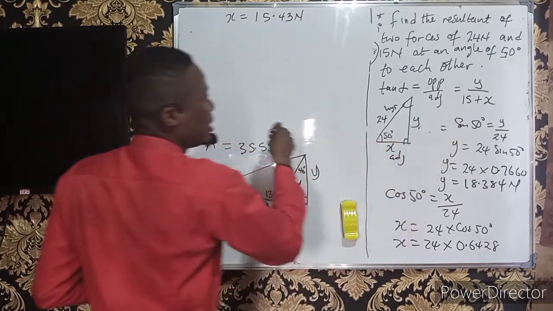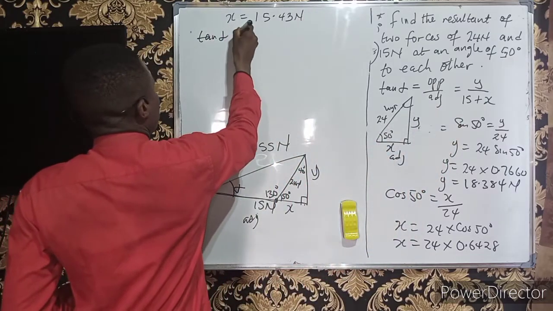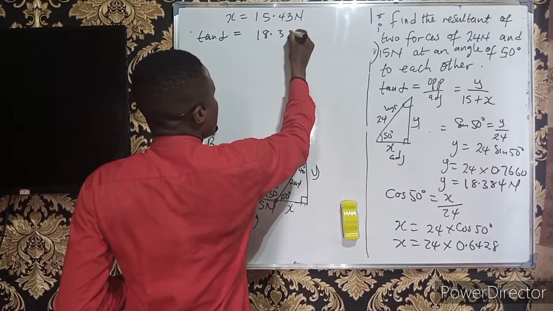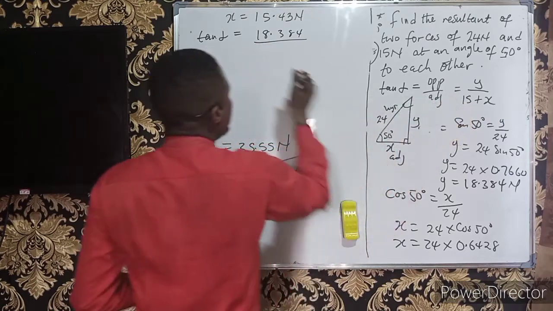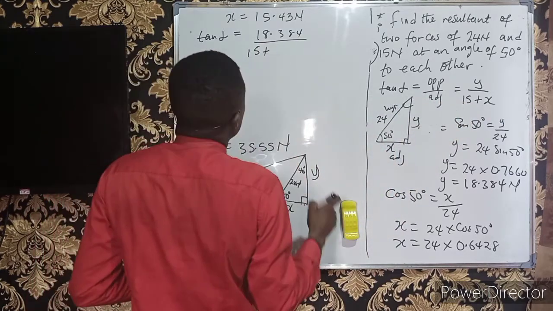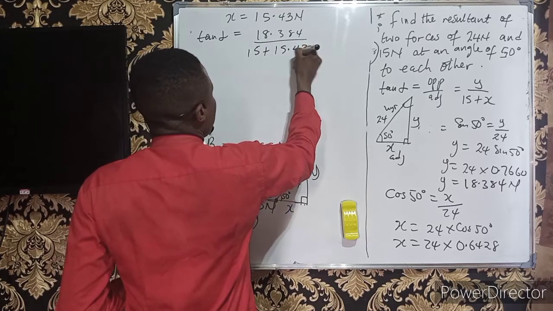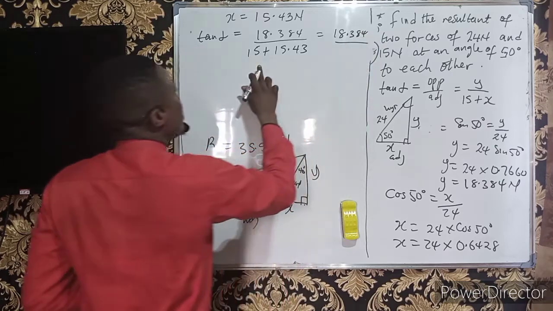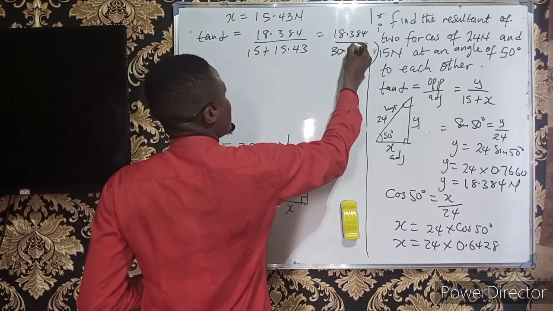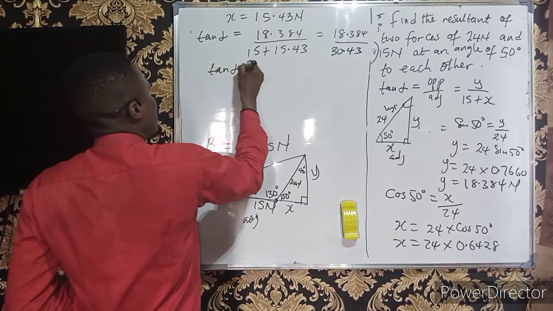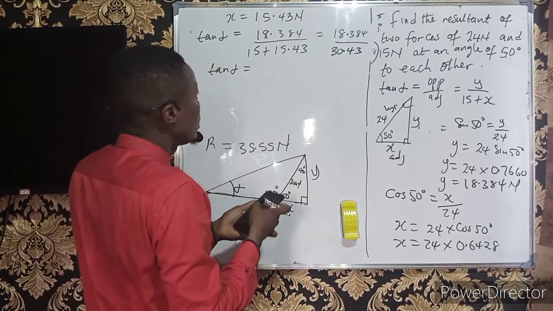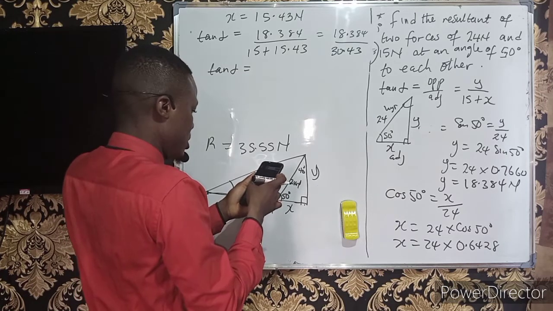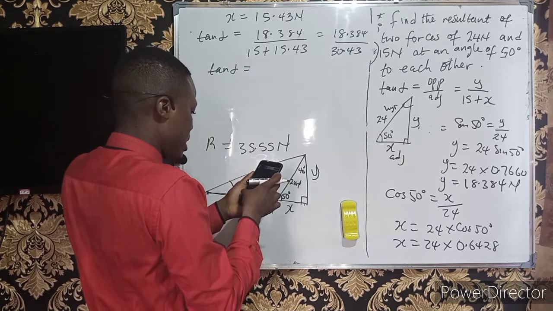Now, to get the angle finally, tan alpha will now be y. What is y? Y is 18.384 over 15 plus x. Our x is now 15.43. This is the same thing as 18.384 all over, if I add together, I will get 30.43. So tan alpha will now be, we add 18.384 divided by 30.43.